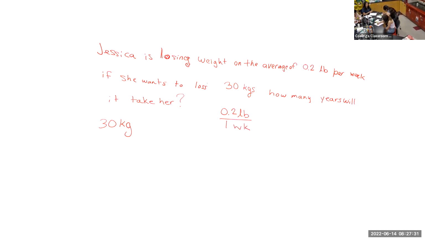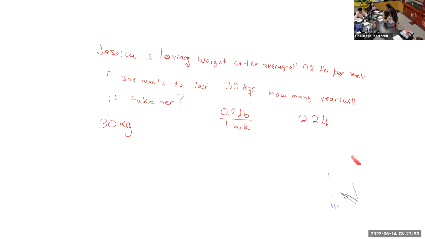Okay. So, what is the first thing that I'm going to want to do? Are there any other equivalencies or conversions that I want to take into consideration? Pounds to kilograms. How many pounds will equal a kilogram? 2.2 for 1. 2.2 pounds equals 1 kilogram. Okay. So, how can I use that?